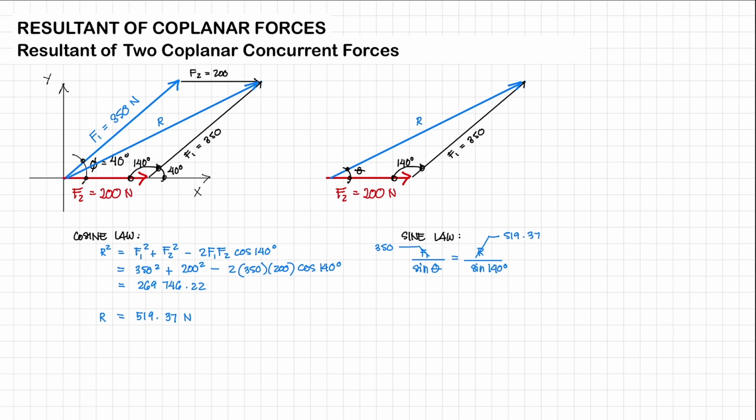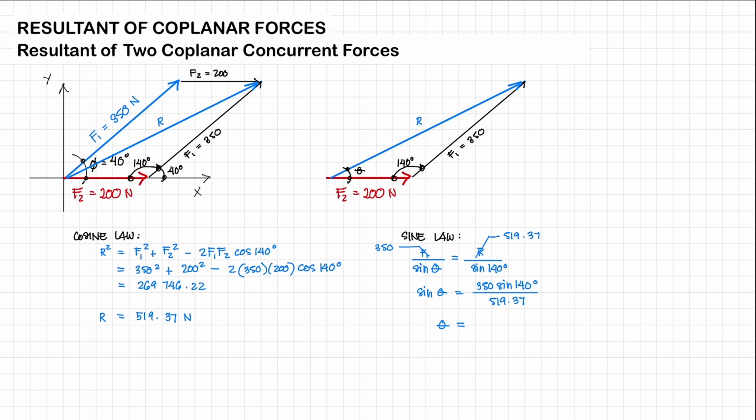Right? So sine theta is just going to be 350 times sine 140 divided by 519.37. And let's isolate our theta.